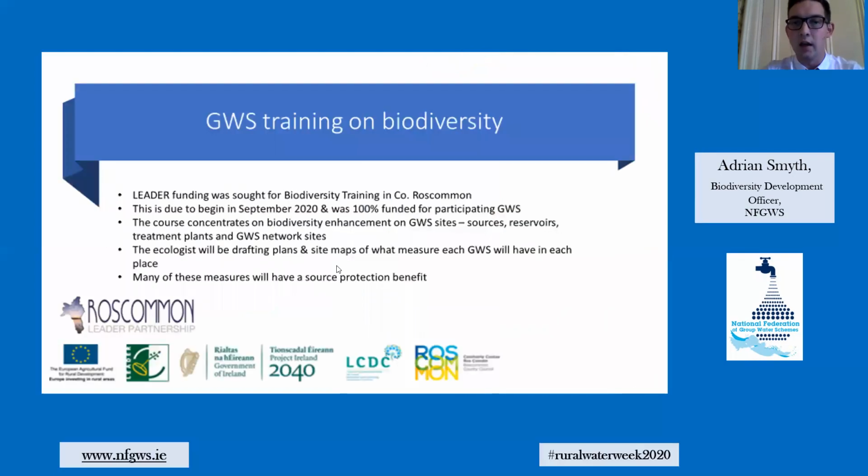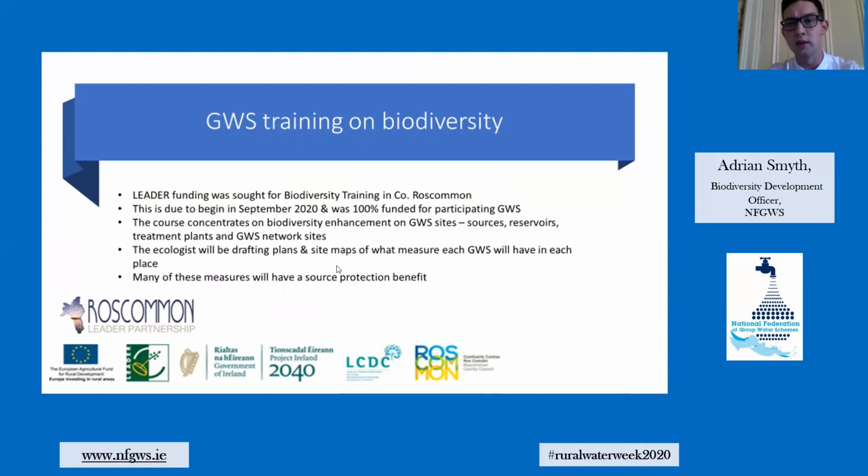So some of the training, and we don't expect any group scheme to begin a measure without having some elements of training or some elements of knowing where they're going. In relation to Roscommon, there was LEADER funding sought for biodiversity training. It's due to begin in September 2020, and it's 100% funded for participation in group water schemes.